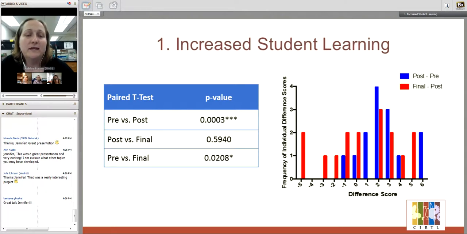Looking at pre to post, the students had a significant gain in scores on that assessment, and they also had a significant gain from pre to final. So it wasn't something present only from pre to post in the short term. It was not as significant, but it was still improved and significant as compared to the post. There was no difference between post and final.